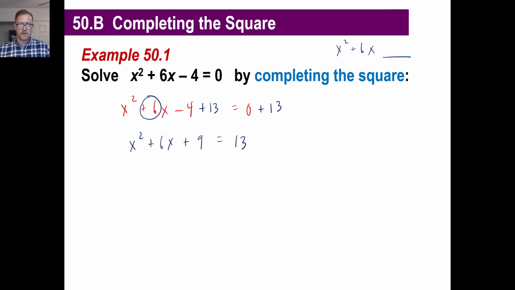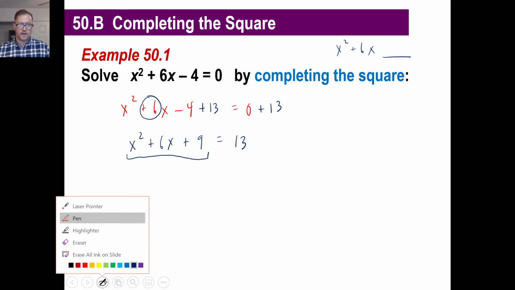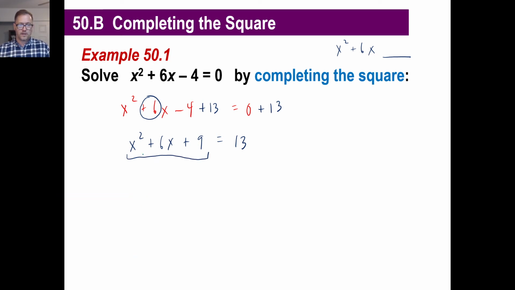Now we're in business. Because what we can do now is look at this and go, okay, I have a way to factor this. We know that two numbers that add to give you 6 and multiply to give you 9, they're both 3's, right? So we can just call it x plus 3 times x plus 3. Or let's just skip a step and go x plus 3 squared. That equals 13.